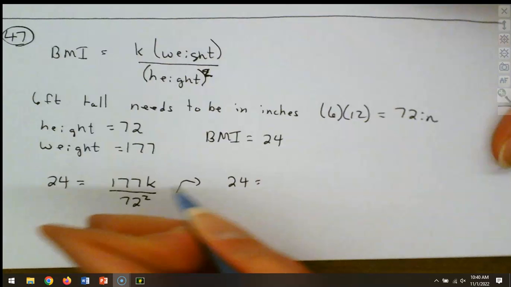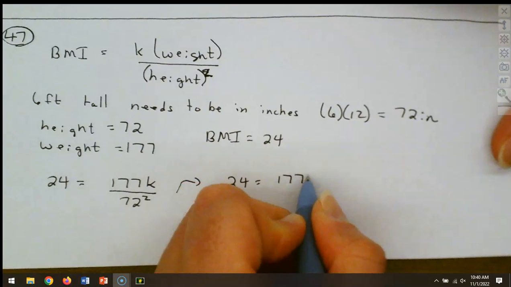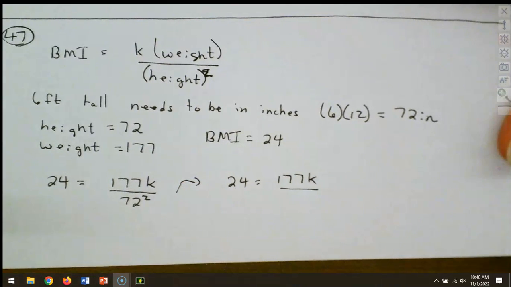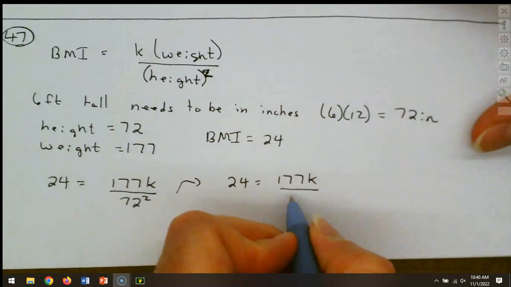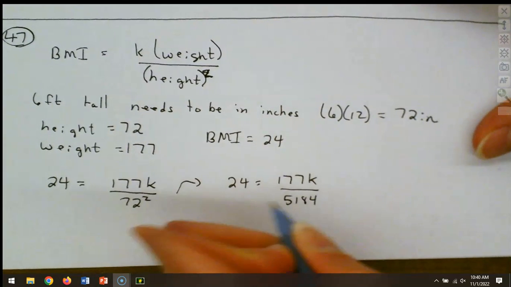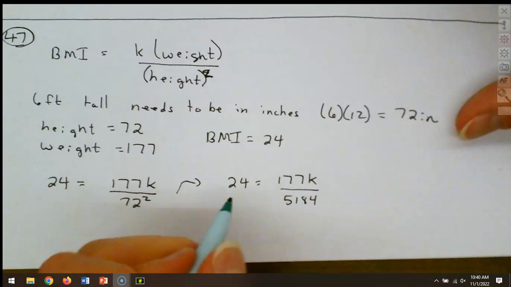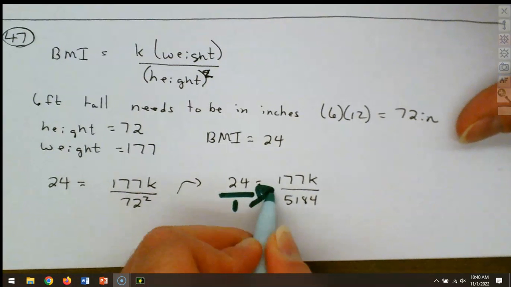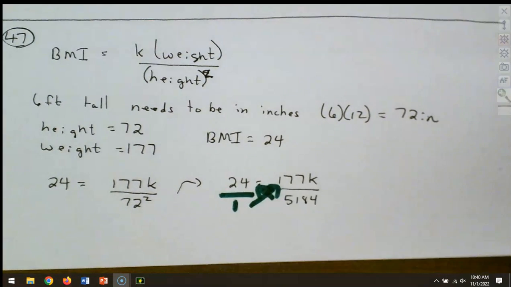It's 24 equals 177K over 72 squared, and 72 squared is 5184. And we'll just put that over 1.